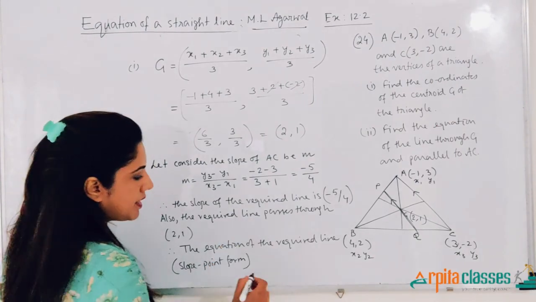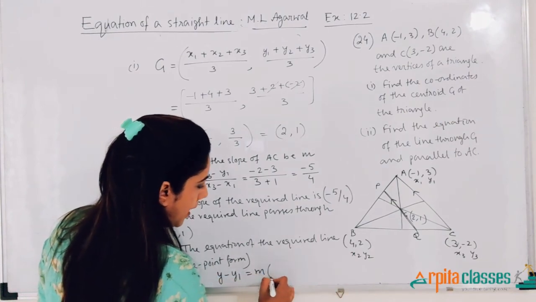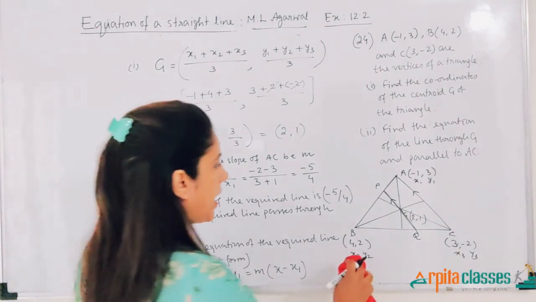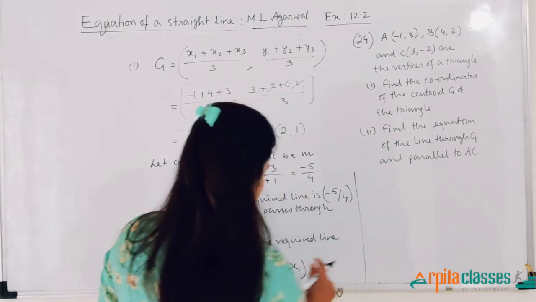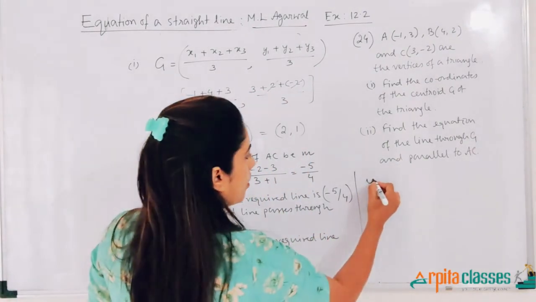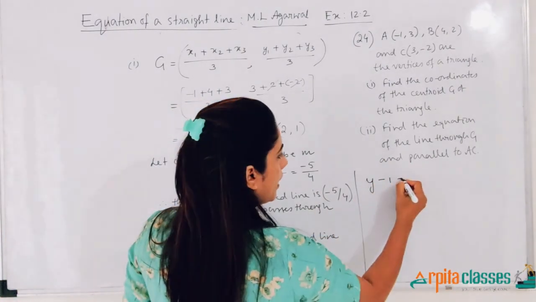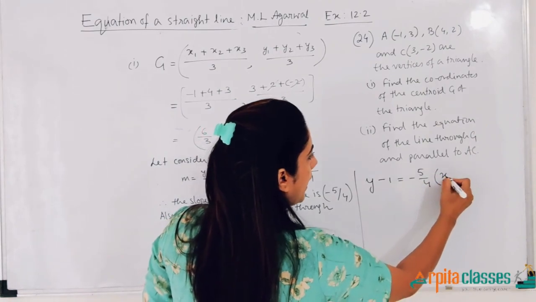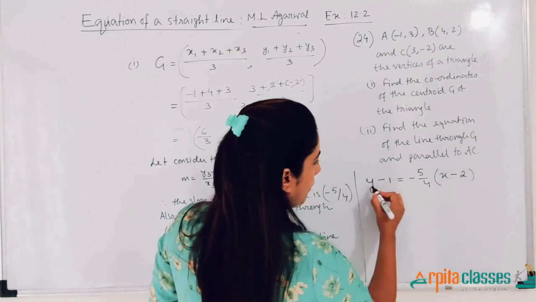And what is that? y minus y1 is equal to m times (x minus x1). I'll just rub this diagram so that we can continue over here. So y minus y1, y1 is 1, is equal to m. m is -5 upon 4. x minus x1, x1 is 2. So put it here. Now get 4 this side.